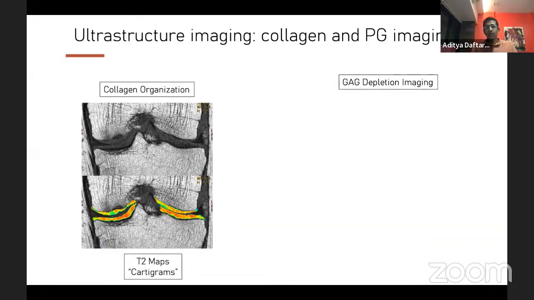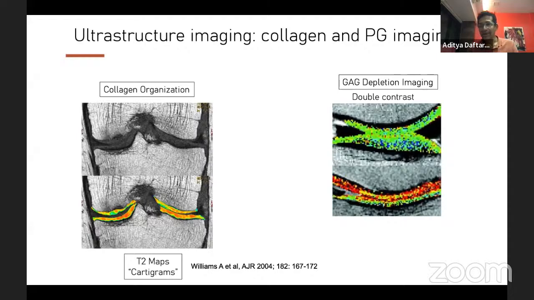The other thing that we can do is we know cartilage consists of glycosaminoglycans. Glycosaminoglycans are negatively charged. When we inject intravenous contrast, either into the joint or intravascularly, the contrast material will concentrate in cartilage to different degrees.